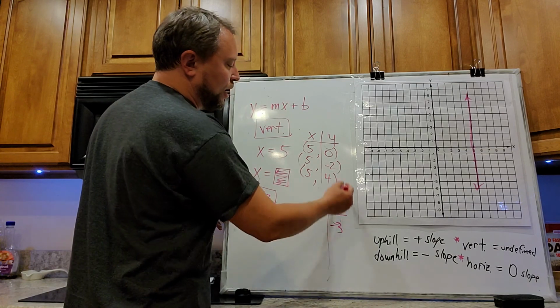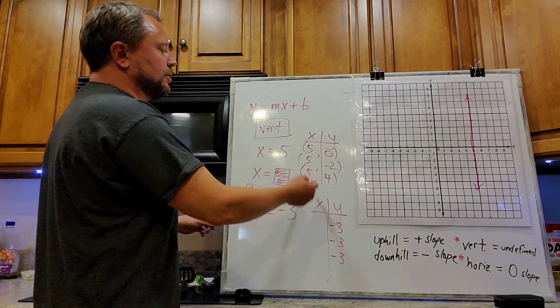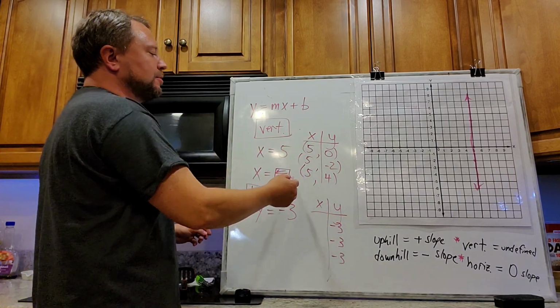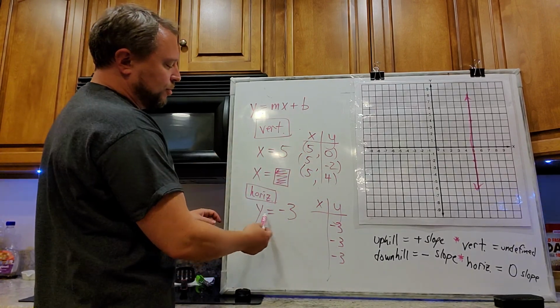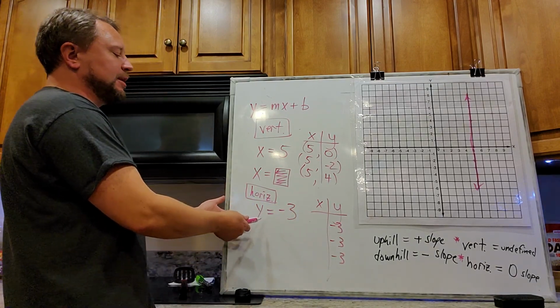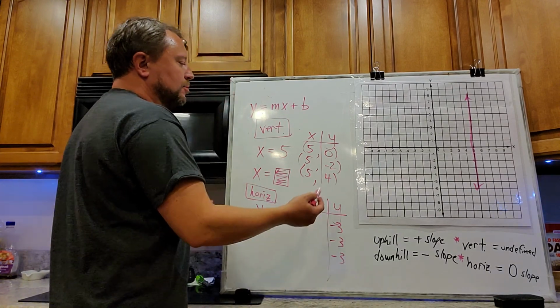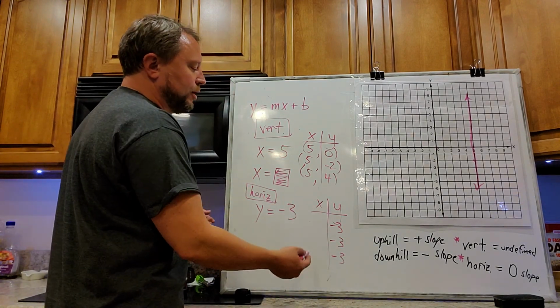So all of my y values over here are now going to be all the same, -3, just like I made all of these be 5s for x. But my y stays the same, it's -3. My x, on the other hand, since they didn't specify here what x was, x can be anything. So this is where you get to pick any values you want here.